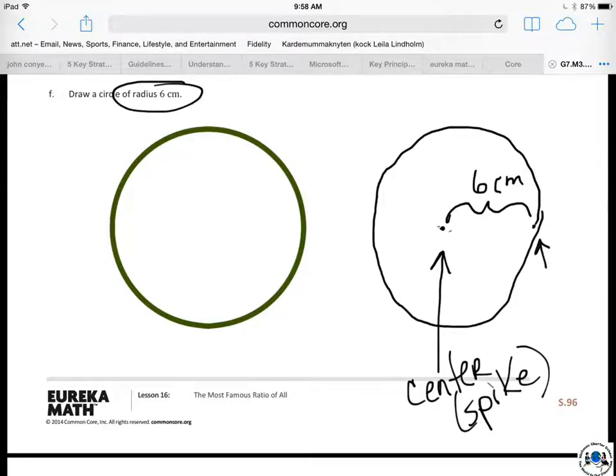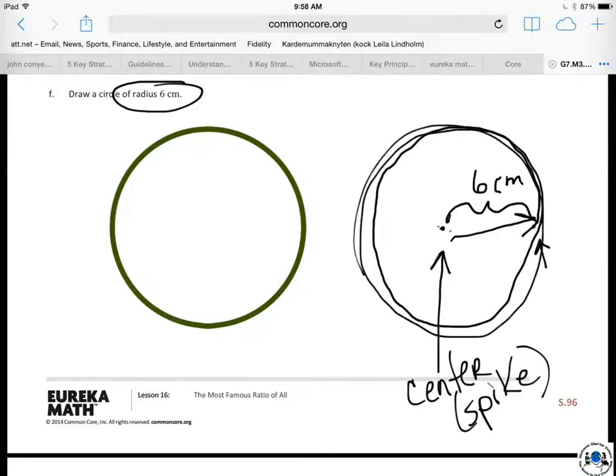This is a terrible job I just did. But using the compass, if you have designated that 6 centimeters right there, then you can draw your perfect circle, which would look a lot more perfect if it looked like this one over here. So again, just getting used to making those. You might have done it a different way.